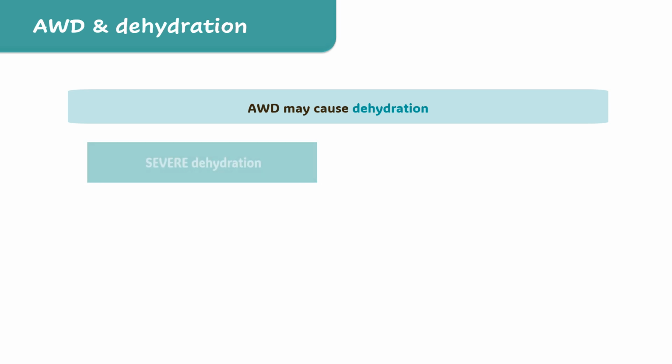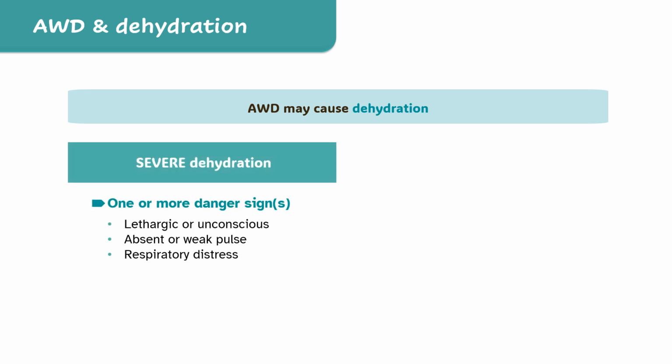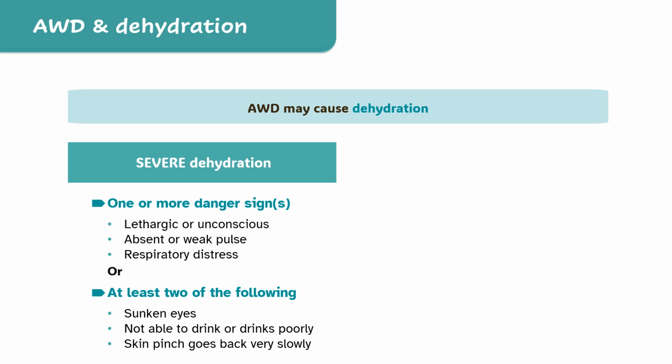A patient has severe dehydration if one danger sign or more is present, namely being lethargic or unconscious, or having an absent or weak pulse, or having a respiratory distress. If no danger sign is present, a patient has severe dehydration if at least 2 of the following signs are present: having sunken eyes, or not being able to drink or drinking poorly, or having a skin pinch which goes back very slowly.